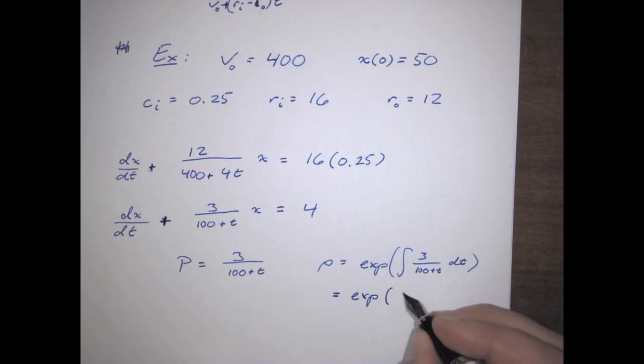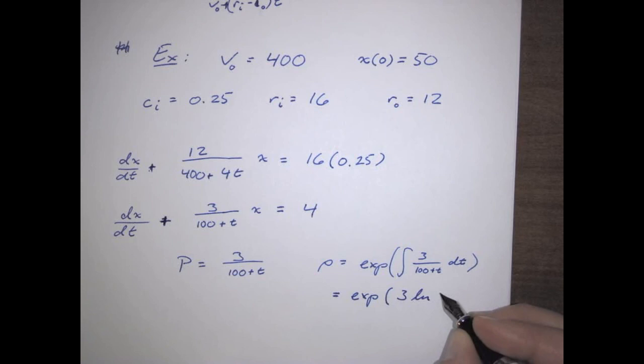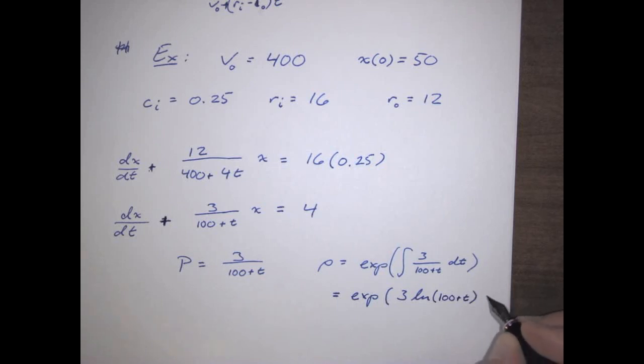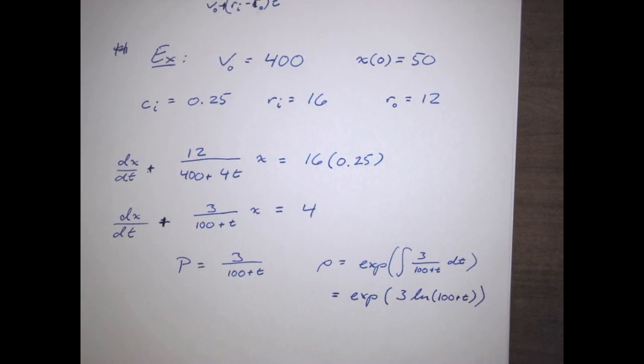It's going to be 3 times the ln of 100 plus t. And I'm not going to worry about the absolute values right now, because we are talking about the time really only marching forward, not backward. So t positive means no absolute value.